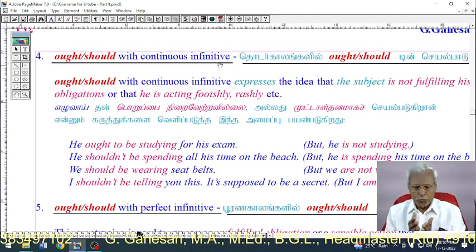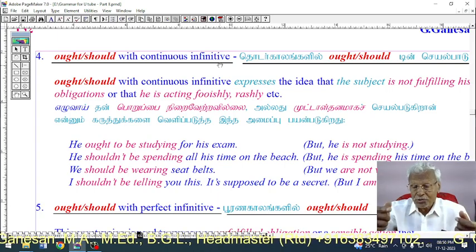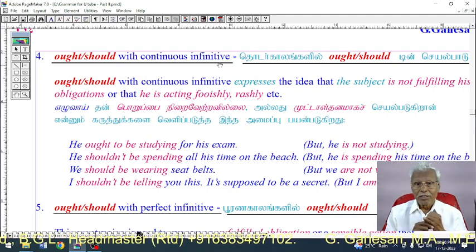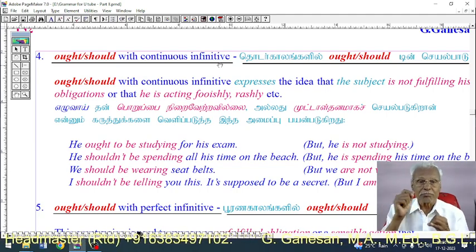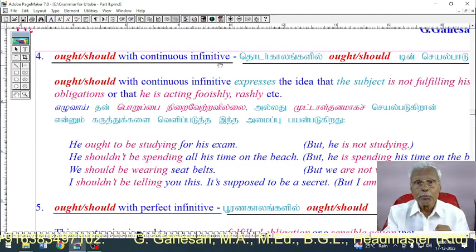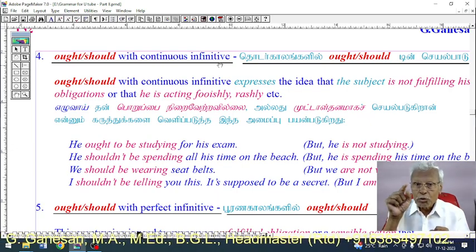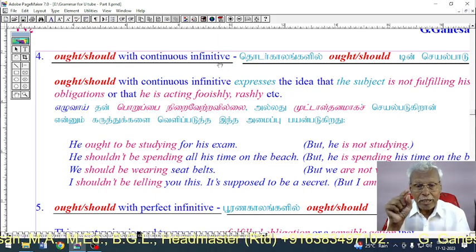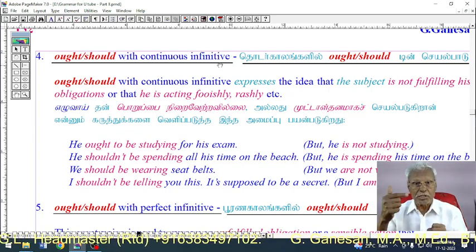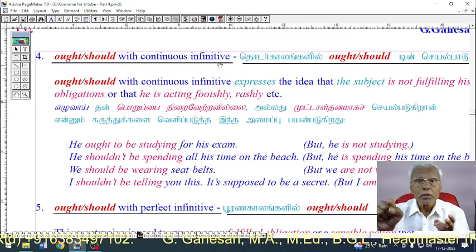Dear students, should plus be plus present participle is used to express the negligence of an action, the negligence of a deed that should be done, or to express the event in the present. All these are recorded in the present tense. An action, a deed that should not be done.